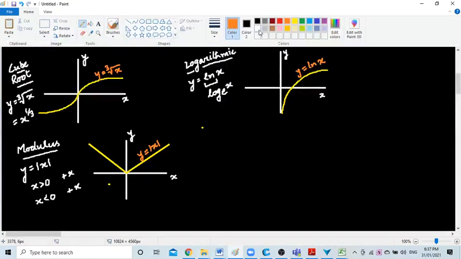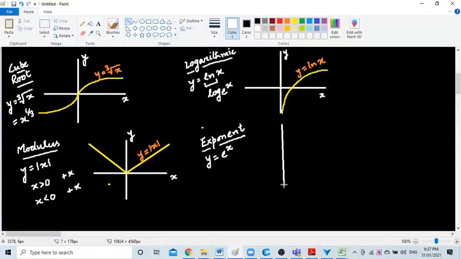All right. The next function that we are going to study is the exponent. That means y equals e to the power x.